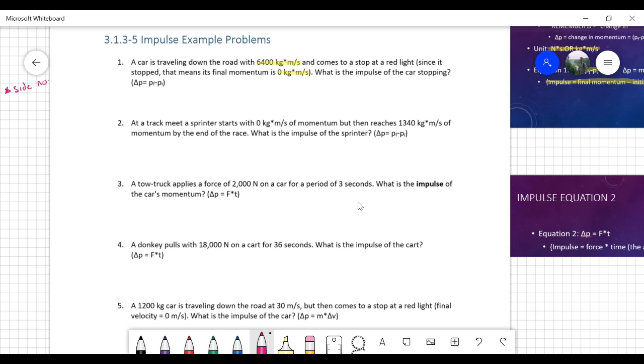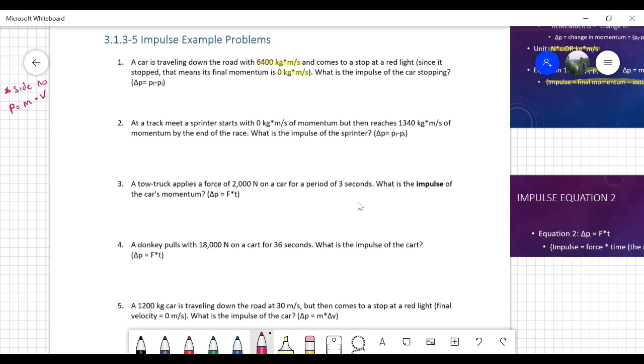Side note: momentum is equal to mass times velocity. This is from our last section of notes. Remember this equation?